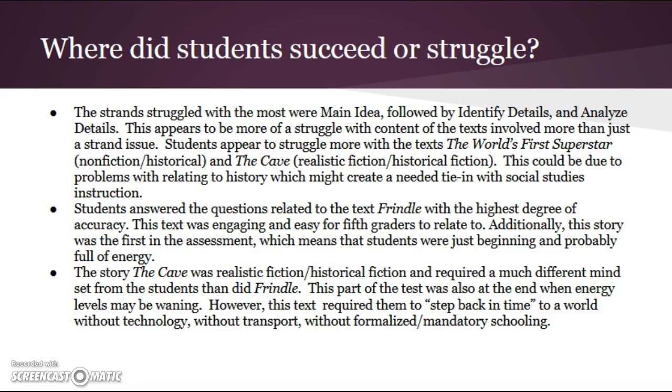We also noticed that students struggled with the content of some of the texts, and they appeared to struggle with The World's First Superstar, which was a nonfiction and historical text, and The Cave, which was realistic fiction and historical fiction. And we thought that this might be a problem with relating to history, and this meant that there might need to be a tie-in with social studies instruction when teaching literacy.